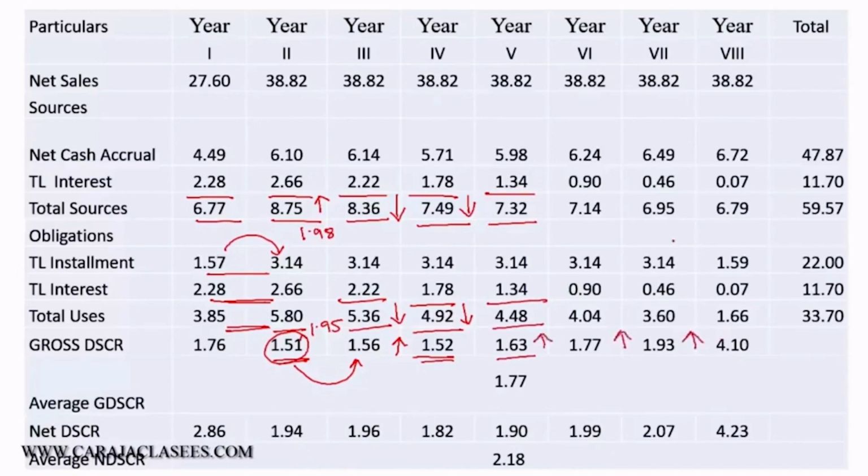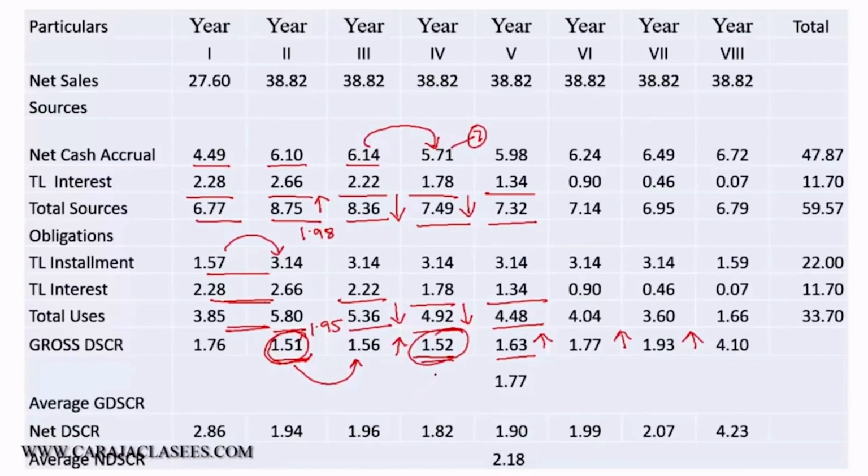So what we should be concerned about is whether the net cash accrual is showing a dip. See, from 4.49 it has increased to 6.1, 6.14. From there it had come down to 5.71 in year 4. Why is it coming down? Because DSCR is lowest only at these 2 points, 1.51 and 1.52.